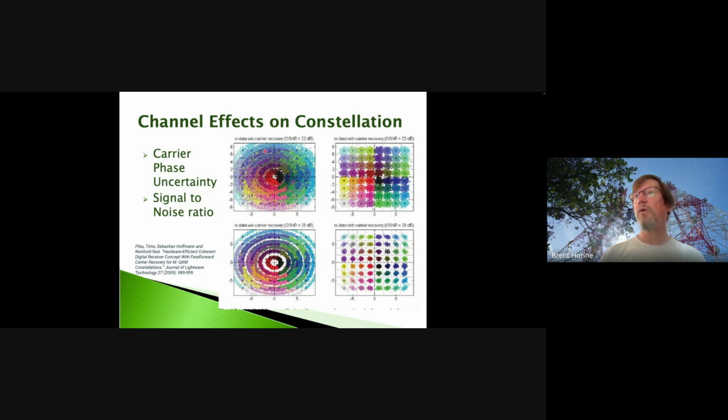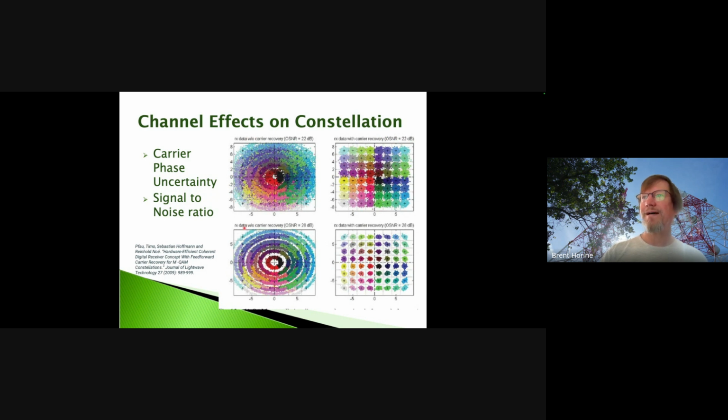And here we have no matching of the carrier phase, so there's no carrier recovery, and we see that this arbitrary phase uncertainty is causing the constellation to be rotated.